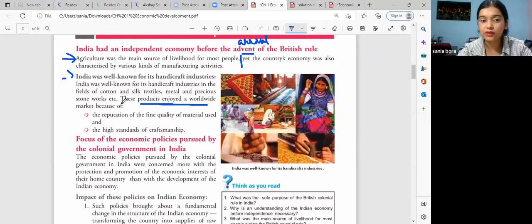Then the answer you are going to write from here, not these points, right? You are going to write the proper answer: Indian handicraft products enjoyed a worldwide market because of, first, the reputation of the fine quality of material, and second, the high standard of craftsmanship. Clear?